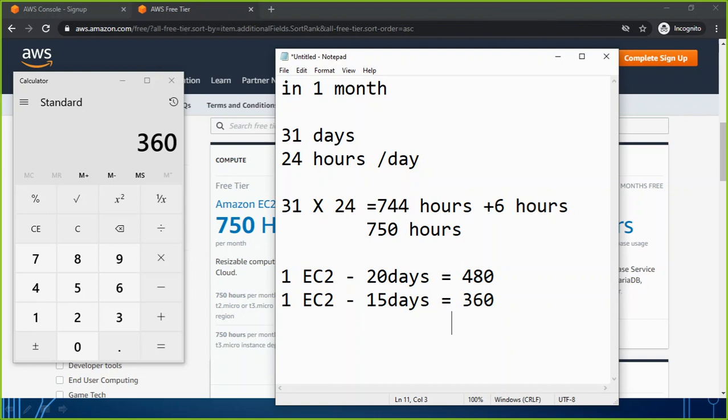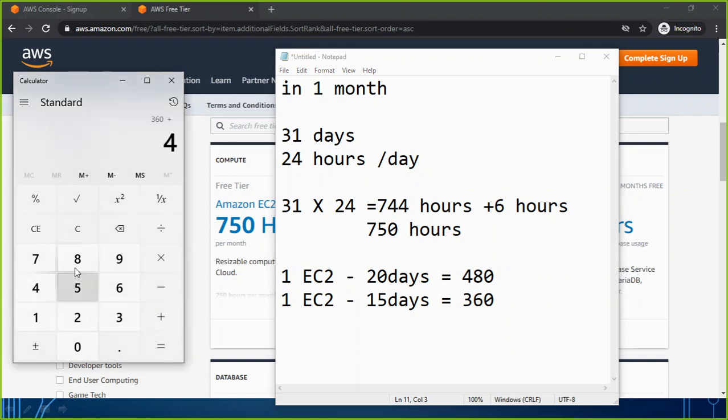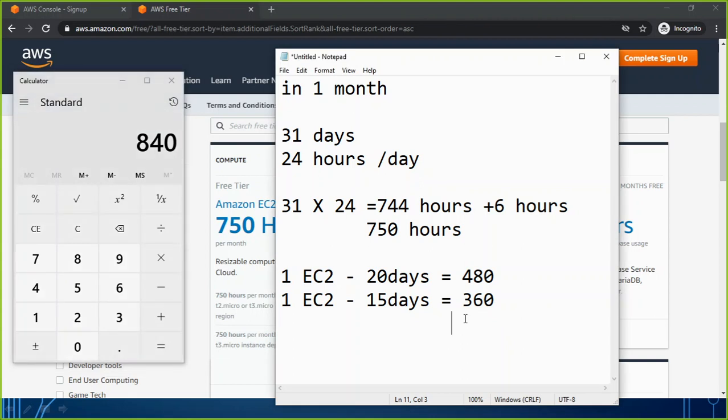So simply you are going to add them together. 360 plus 480 is 840 hours your EC2 instances were running on AWS. So now, how many hours do you have your service running on AWS? 840 hours.